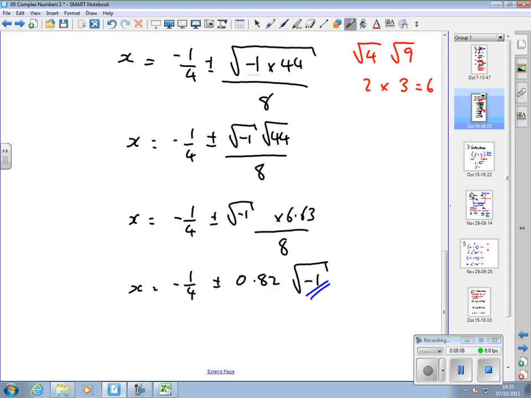So this is where the Greeks came along and thought, well, let's just call that a letter, call it something, because it cannot possibly exist, this square root of minus 1. They call that the imaginary number.